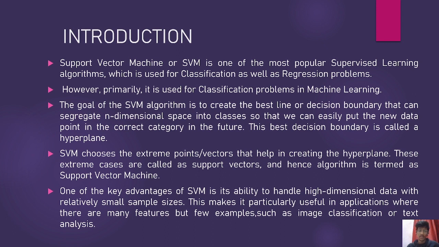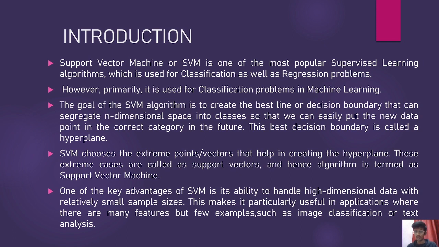One of the key advantages of SVM is its ability to handle high dimensional data with relatively small sample sizes. This makes it particularly useful in applications where there are many features but few examples, such as image classification or text analysis.